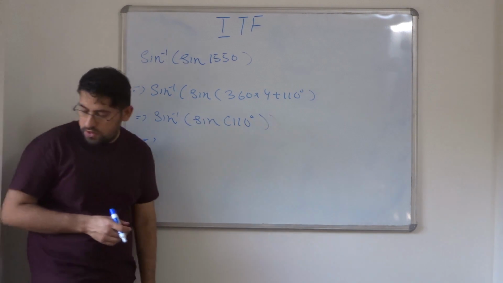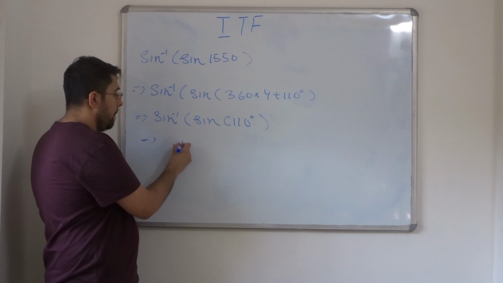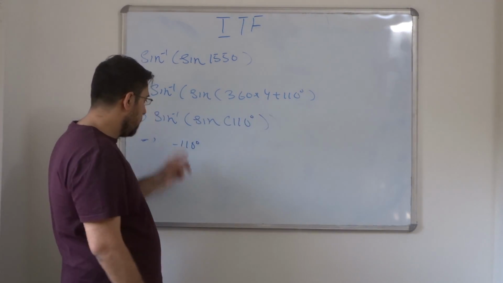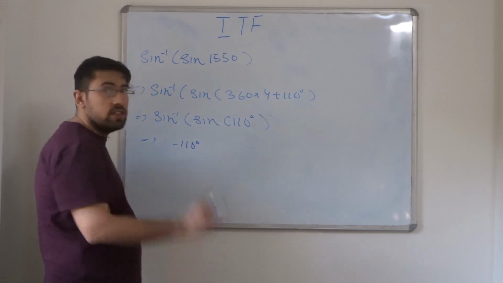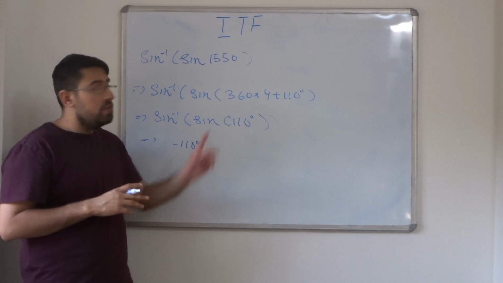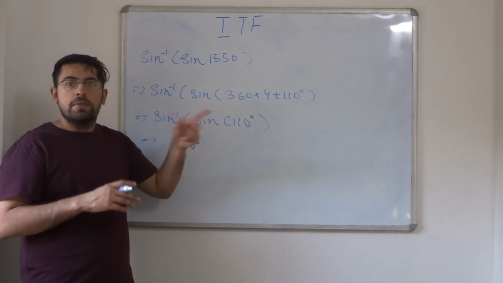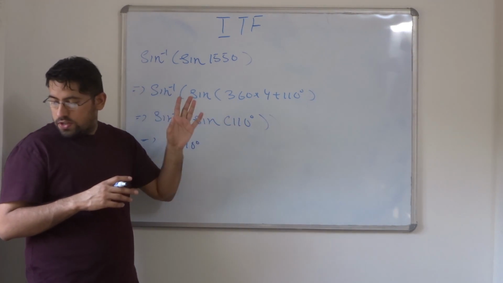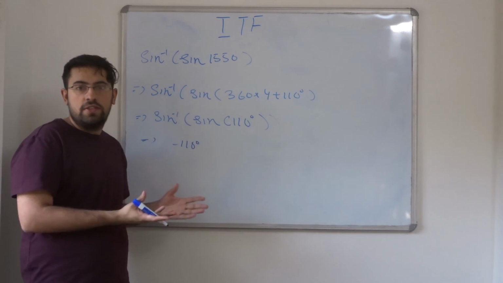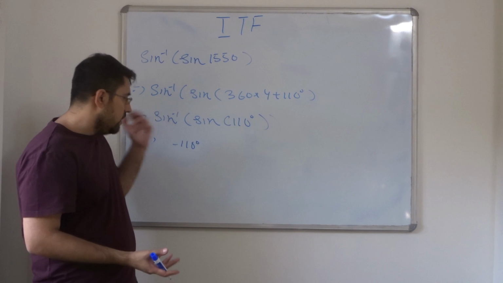Now, guys, the question here is this. Now, guys, remember, don't forget. In the previous question, it was negative, and then it became positive. I forgot to tell you that in the previous question.